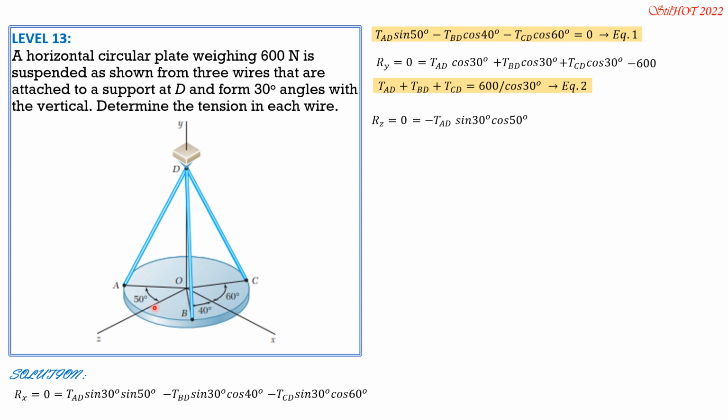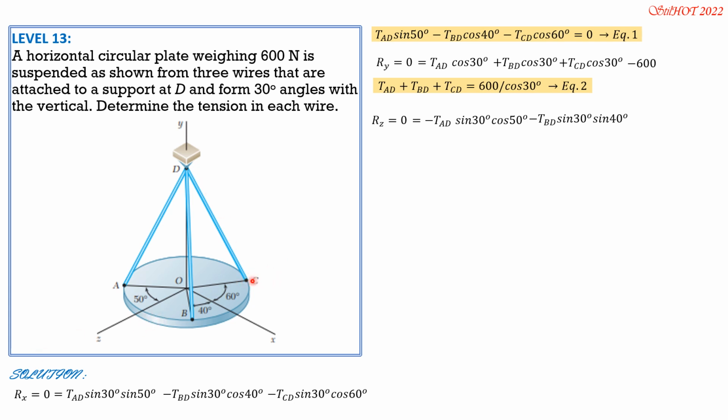BD also is in the negative z direction. So minus tension BD sine 30, then it is opposite to 40, so sine 40, degrees. Then for CD, it's forward towards the z.